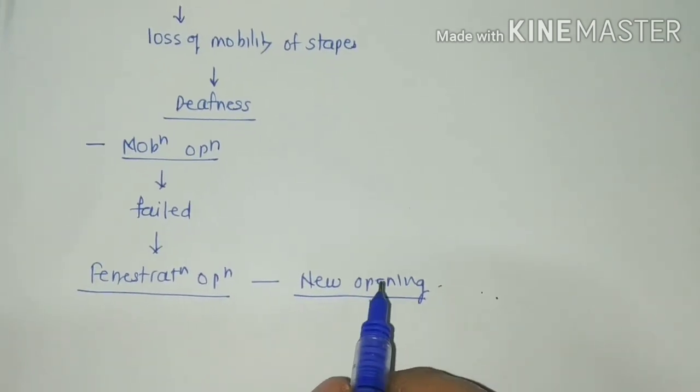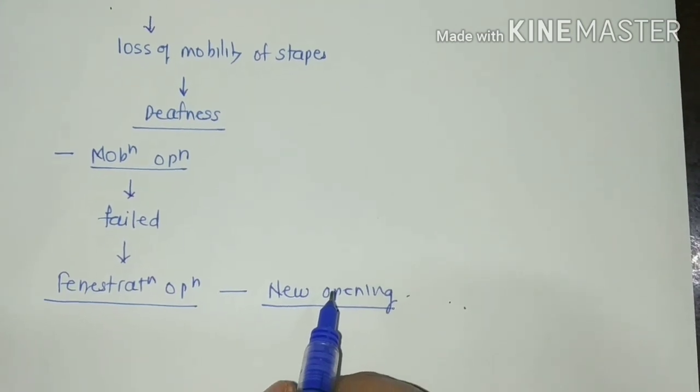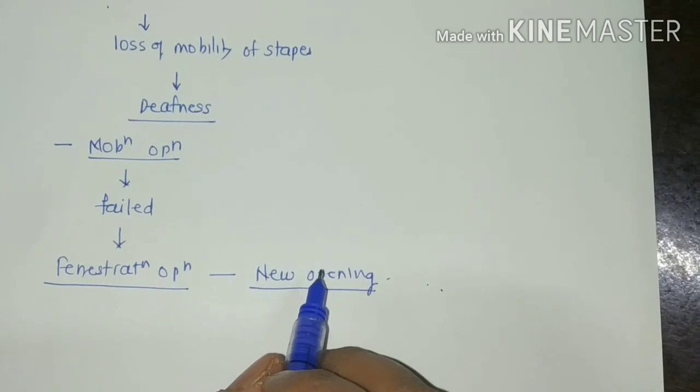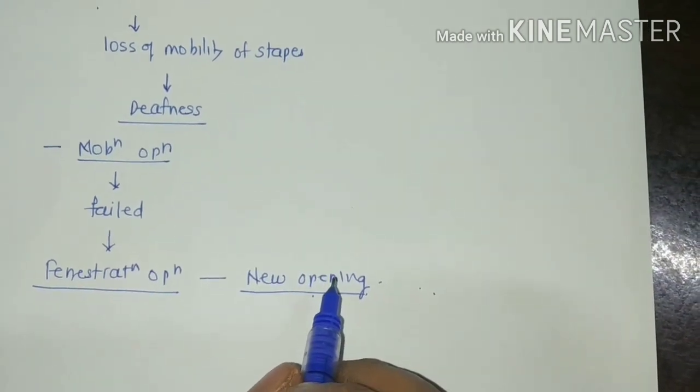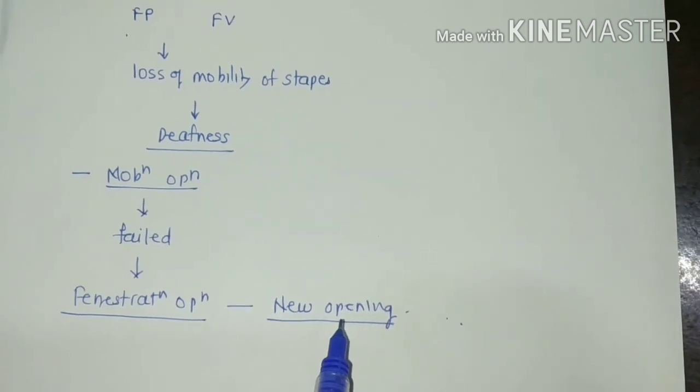Thus the fenestra vestibuli, which is occluded by otosclerosis, the otosclerotic stapes, is completely bypassed. Clear? So this is all about the applied anatomy of the middle ear.